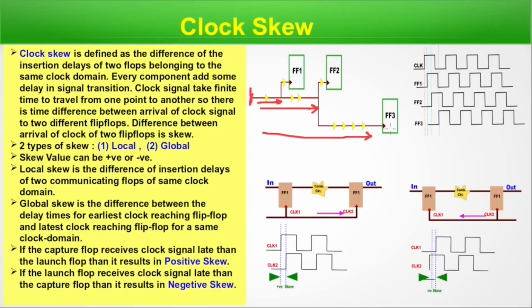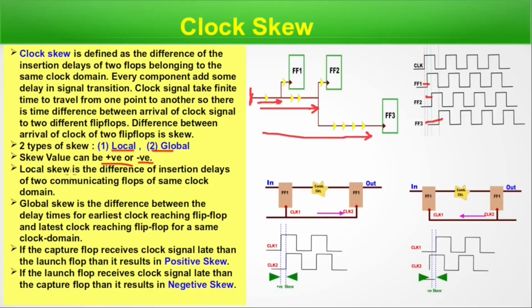The clock signal will be delayed to reach here and here compared to this flip-flop. At flip-flop 1, there will be this much delay. At 2, delay is there. That is clock skew. There are two types of skew, local or global, and the value could be positive or negative.